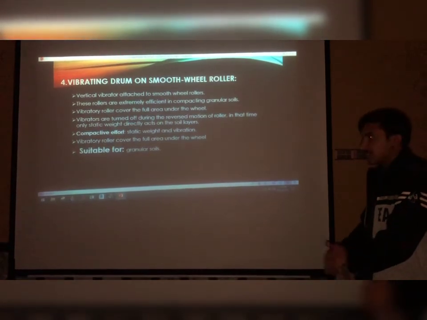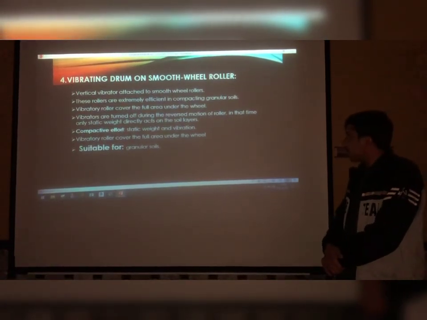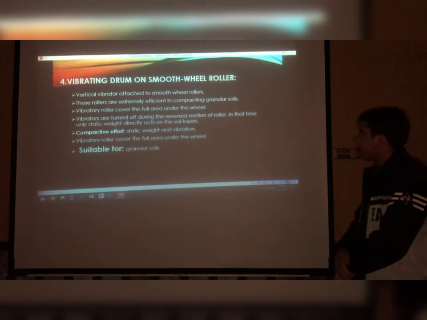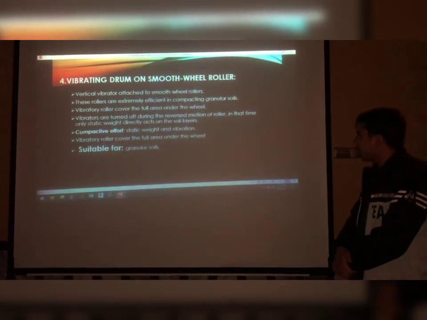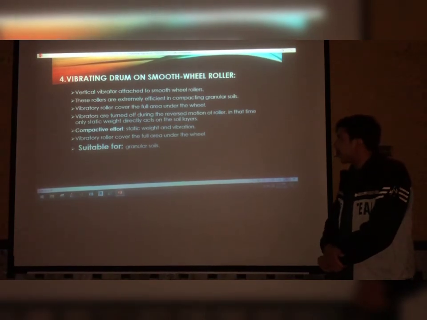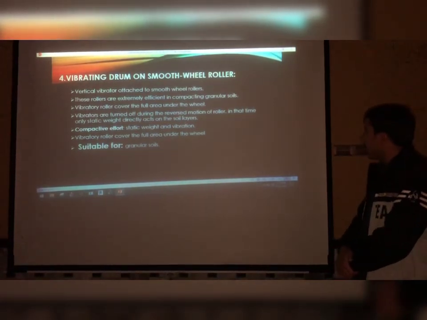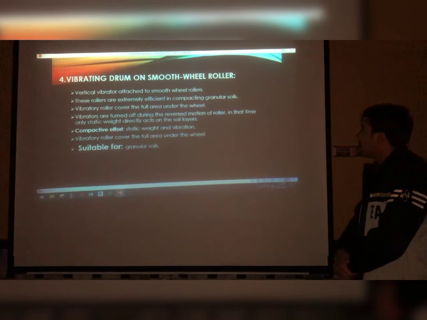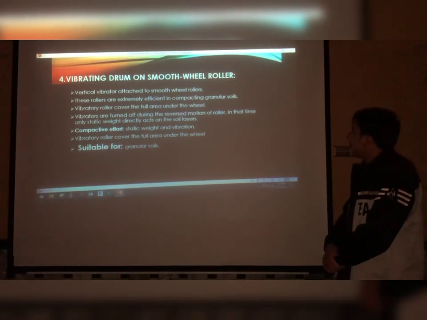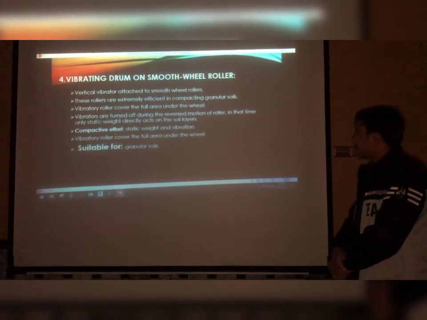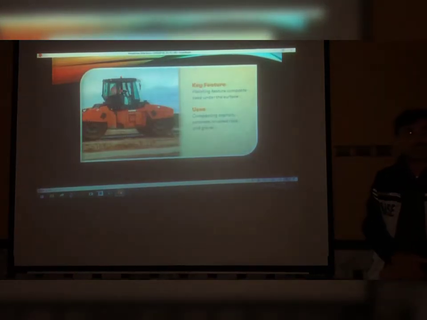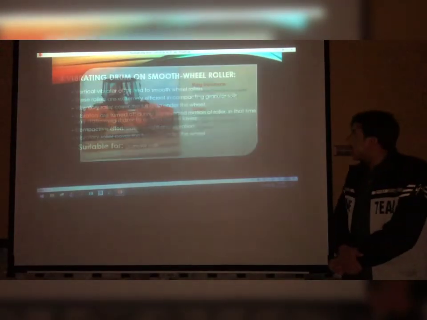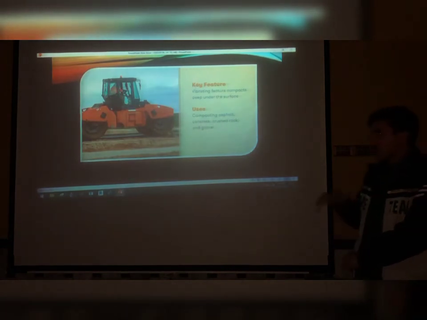When we move these rollers in the reverse direction, you can switch off the vibrators and they act only as a static load. Compactive effect is static weight and also vibrations. These vibratory drum smooth wheel rollers are suitable for granular soil. They provide cyclic deformations, meaning dynamic movement upwards and downwards.